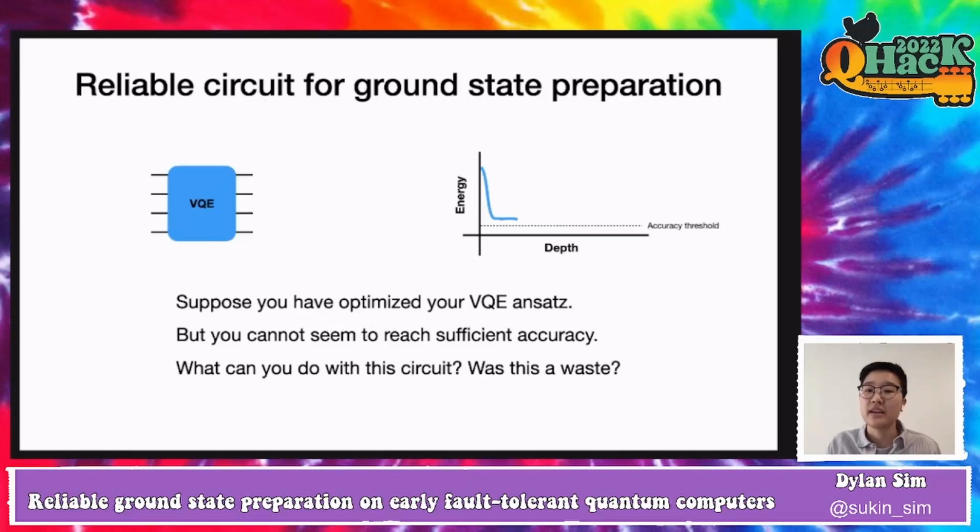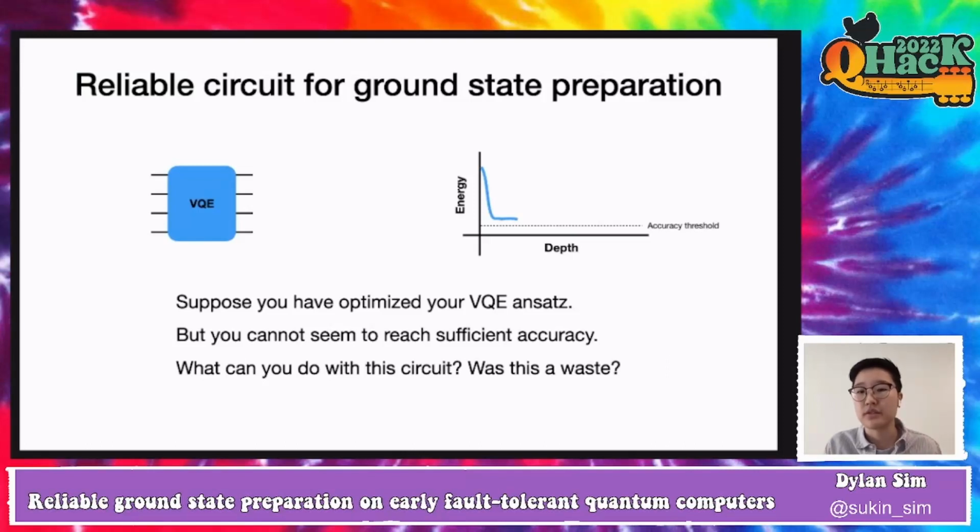And you see that first the energy seems to plummet, and then it seems to saturate or plateau at a suboptimal value that's above some sort of accuracy threshold. Maybe for quantum chemistry, this could refer to the chemical accuracy threshold. Given this scenario, you run this optimization many times and you see this consistent type of observation.